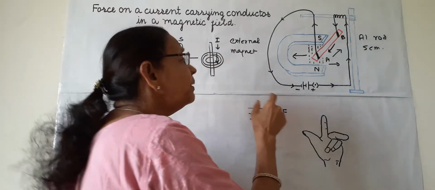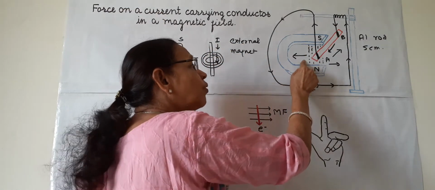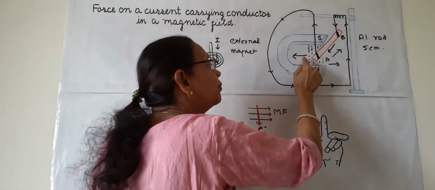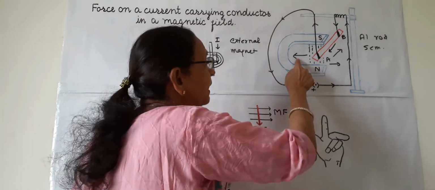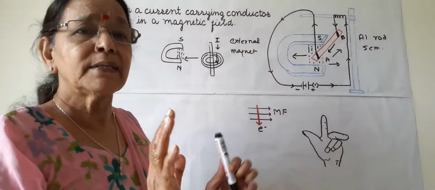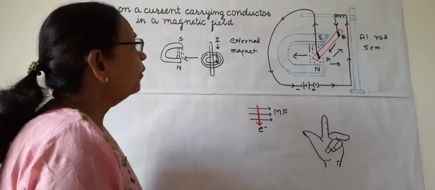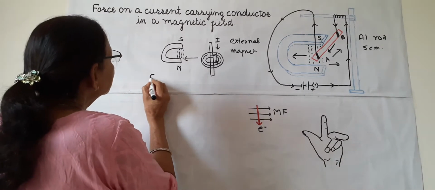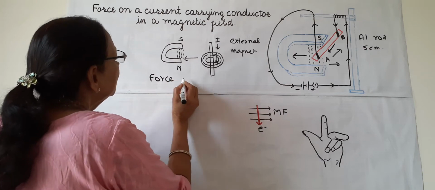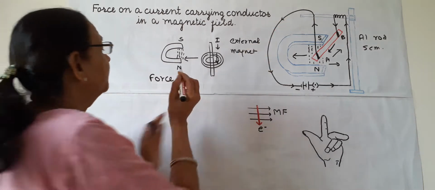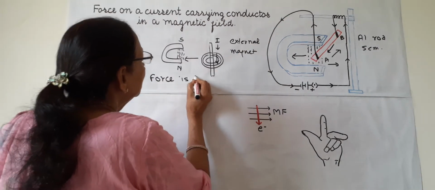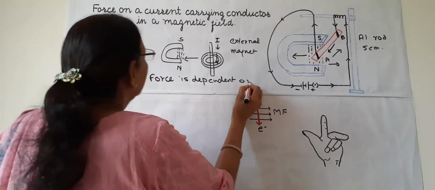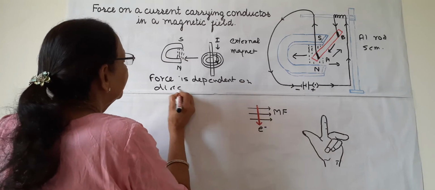And this displacement is due to the force which is being experienced by this rod due to the magnetic field of the external magnet. This is one thing. So what we conclude? We conclude that the force is dependent on the direction of current.